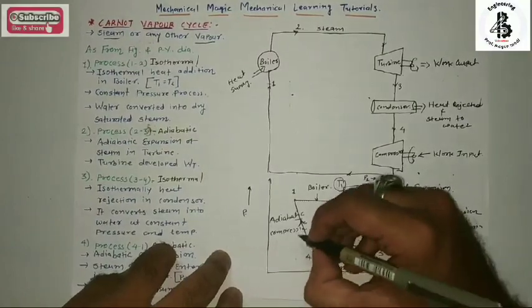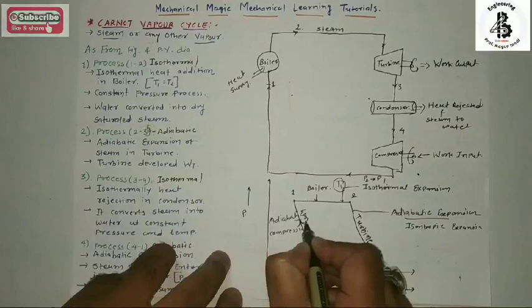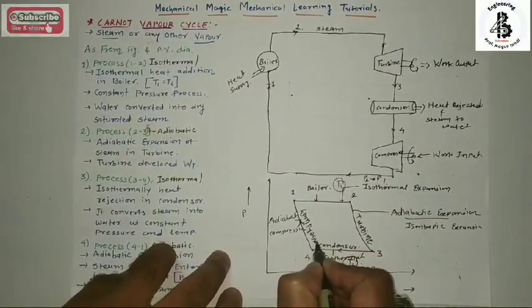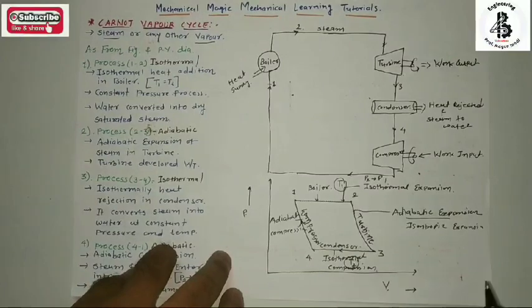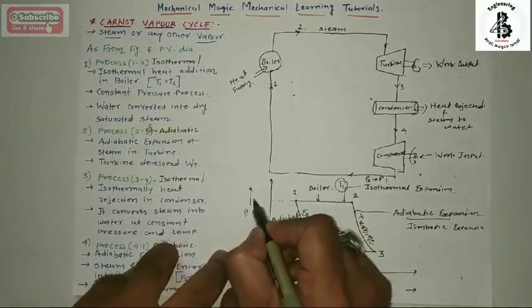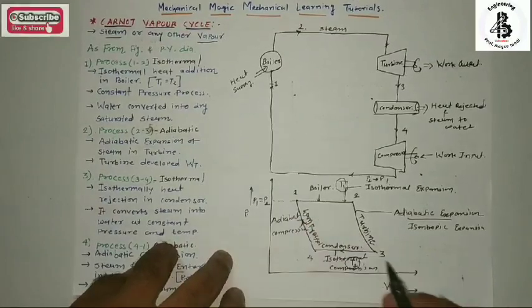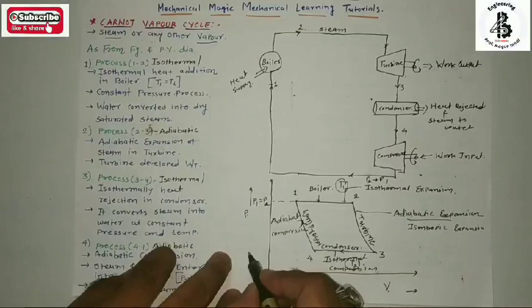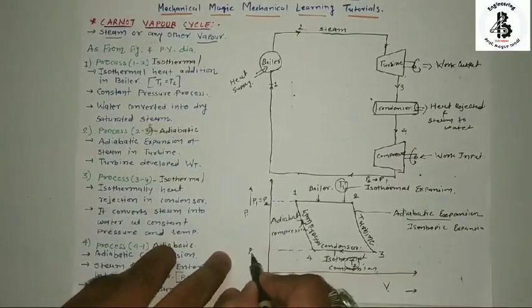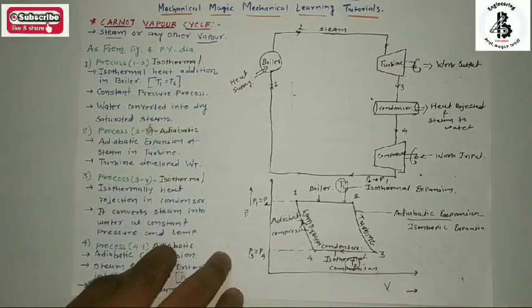That will be in the compressor, right? Here P1 is equal to P2, and here P3 will be equal to P4.